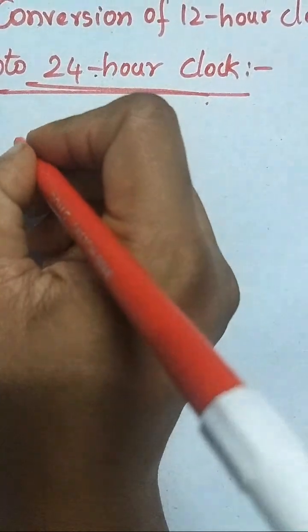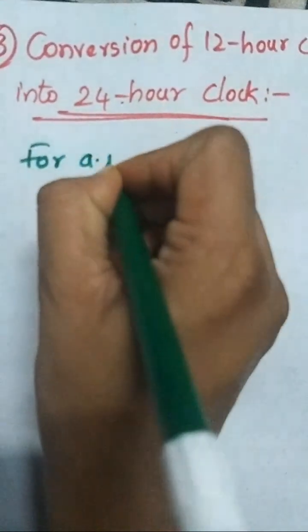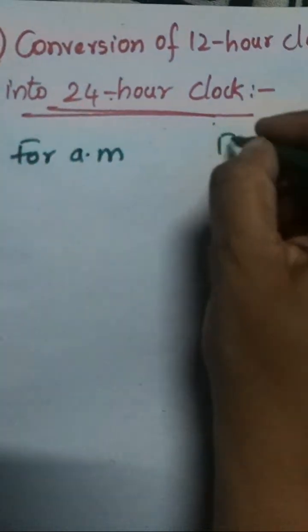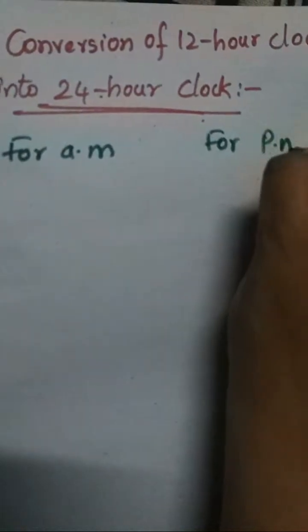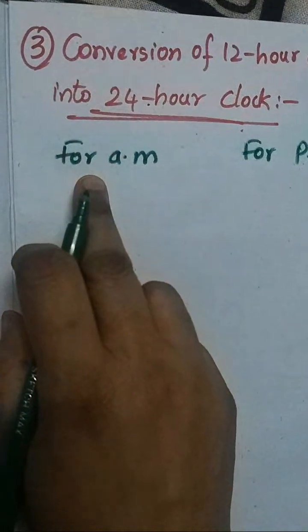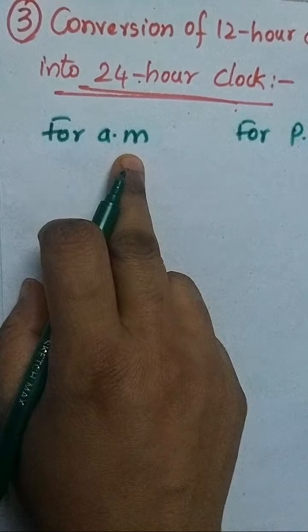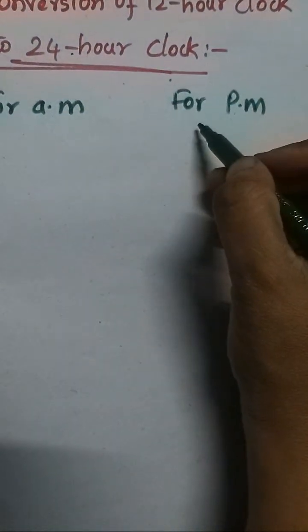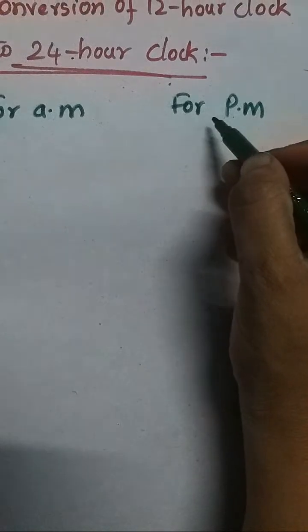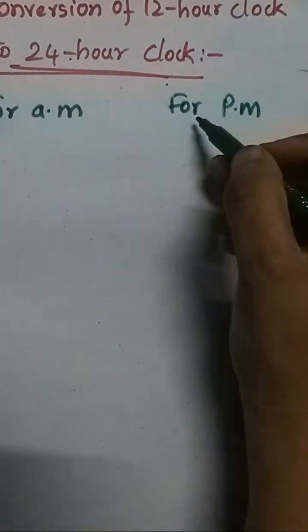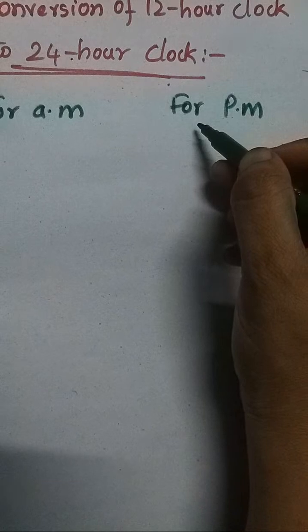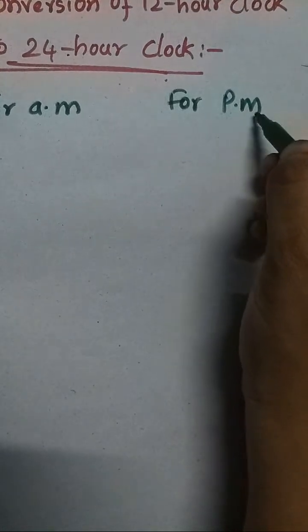For AM and for PM: from midnight of the next day we say AM, and after noon, when 12 o'clock comes again, it starts PM.